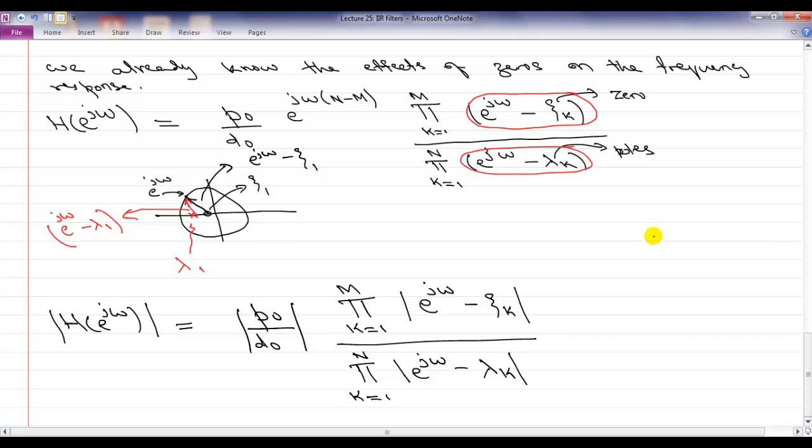Okay. I'll just take the example of one pole because we already have seen what the zeros do. Of course, this one pole is going to result in an impulse response with complex coefficients, but let's ignore that for the time being. So if I have a pole here, and this is the frequency I'm interested in, my magnitude at this frequency is proportional to 1 over the length of this vector.